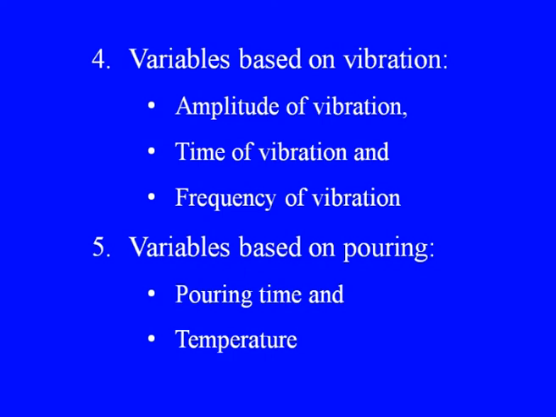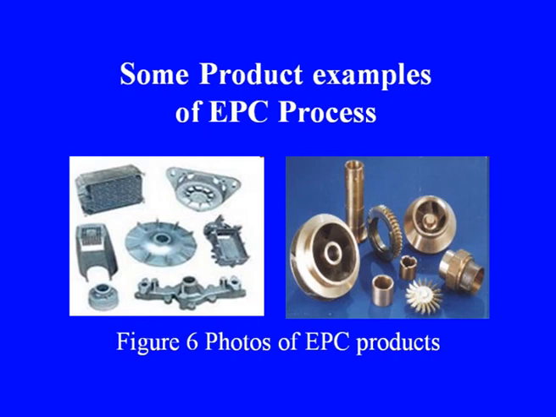The variables are pouring time and pouring temperature. These are some of the product produced through evaporative pattern casting process.